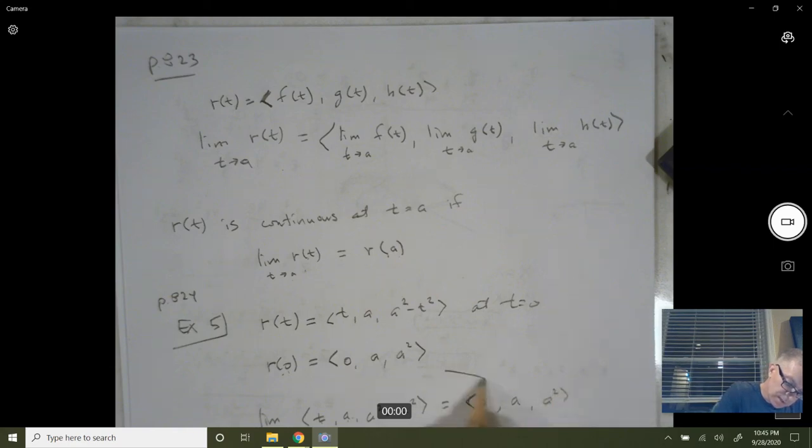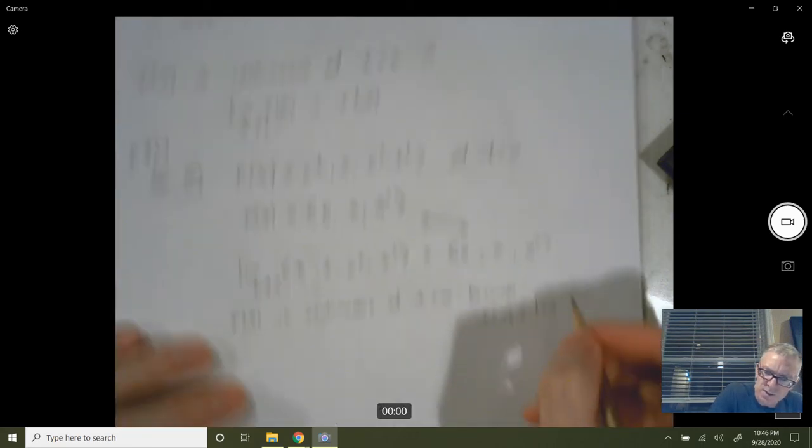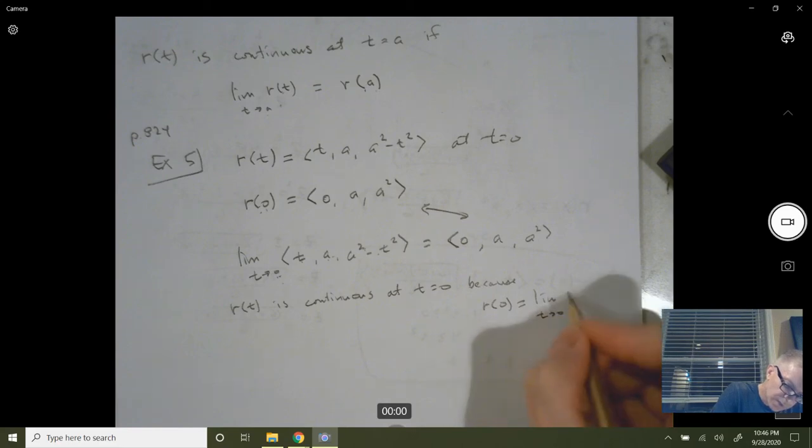Okay, these match. So therefore, R of t is continuous at t equals 0 because R of 0 equals your limit as t approaches 0 of R of t.